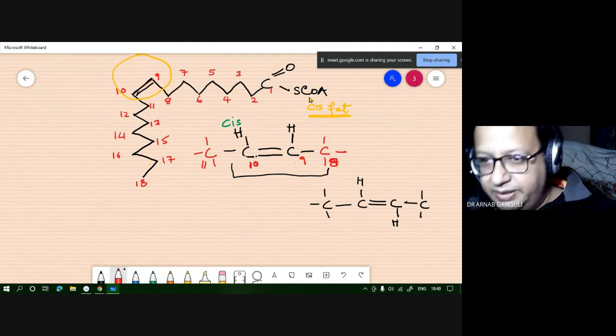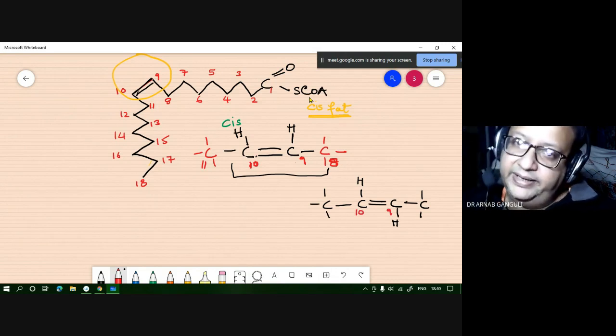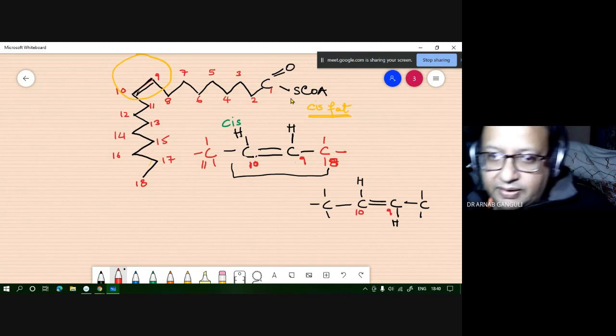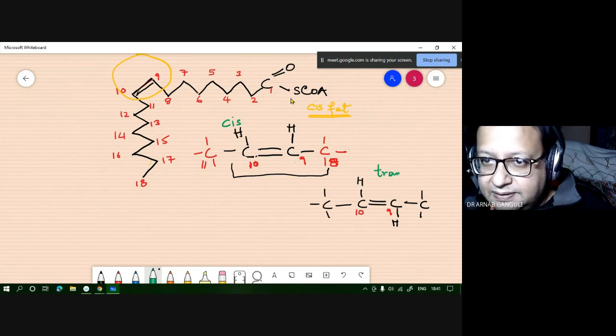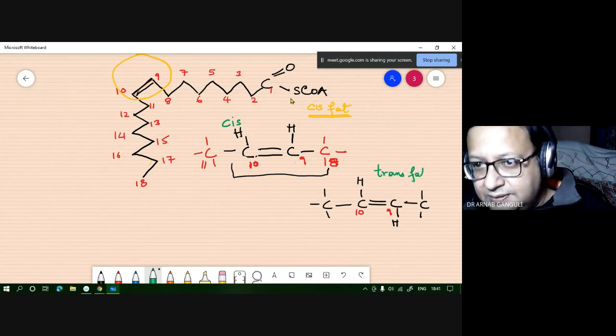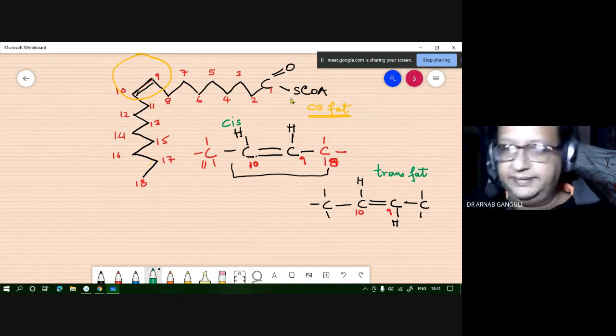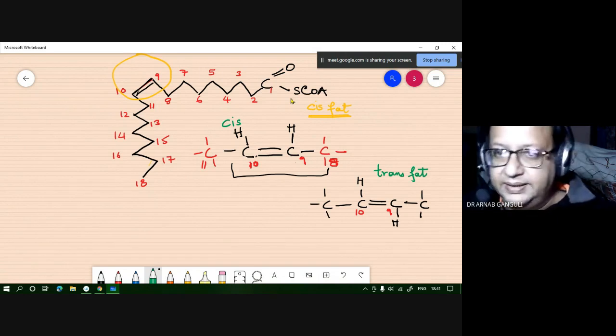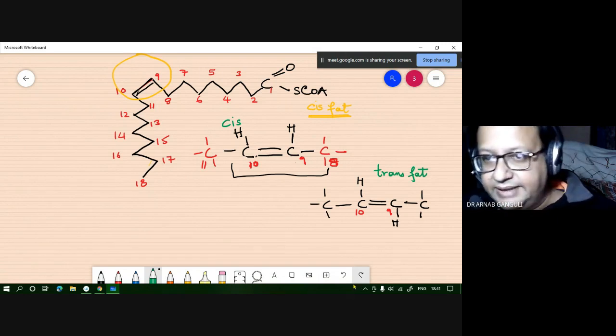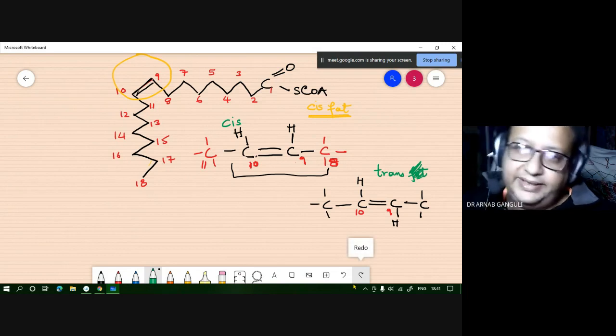This is carbon number 9 and carbon number 10. This sort of a conformation is known as trans. This is a trans conformation. It's of course a trans fat.